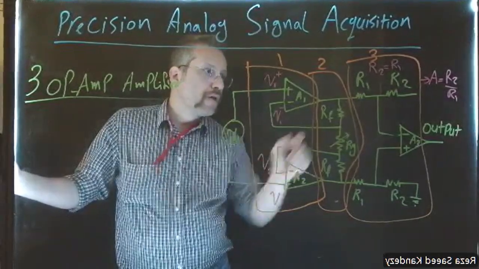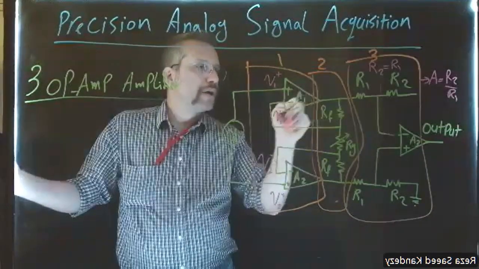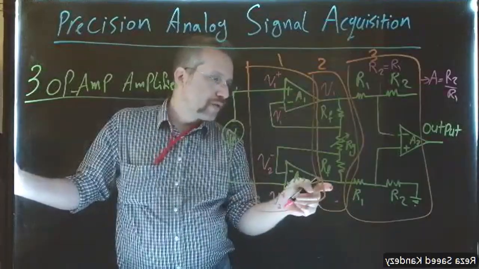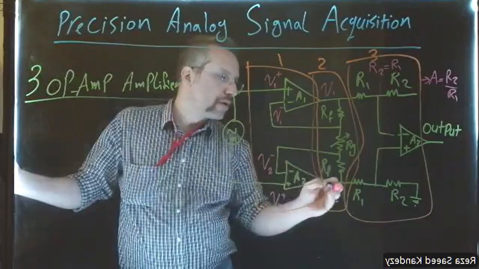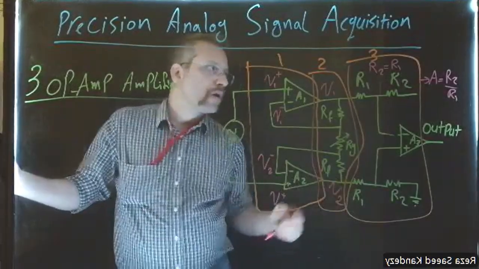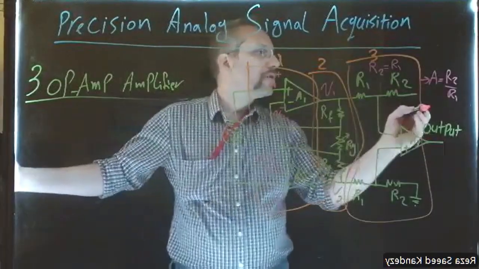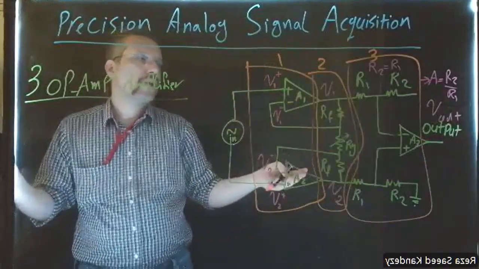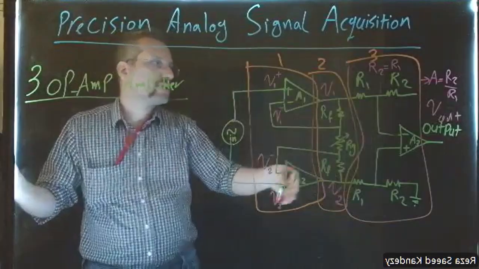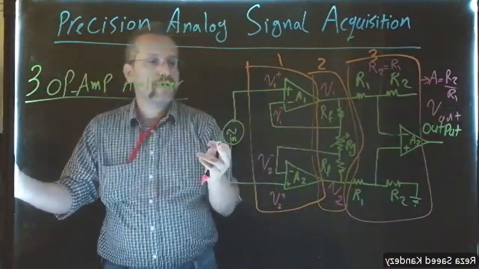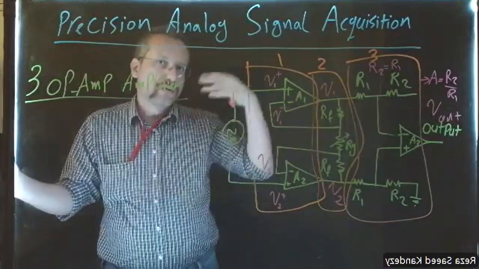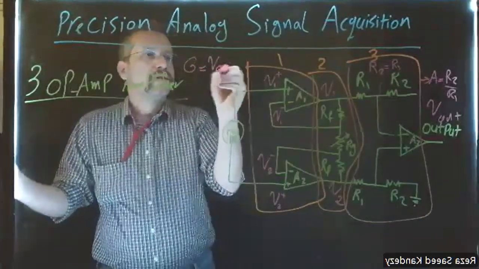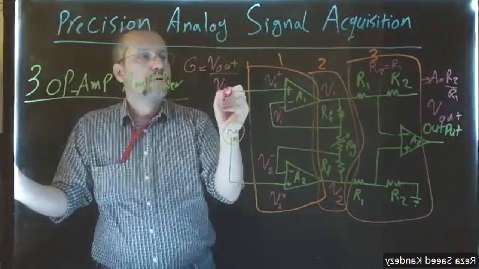We are going to call the output of the first op-amp V1, and the output of the second op-amp is going to be V2. And the whole output, it is obvious, is going to be V output. Eventually, we are going to see what the ratio is, because this is amplified. What is the ratio between V output versus V input? So what we eventually care about is the gain, which is V out over V in.